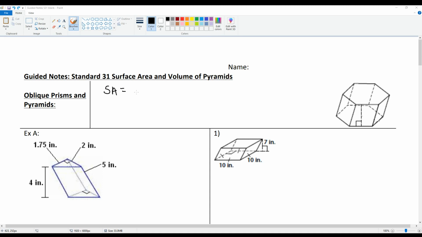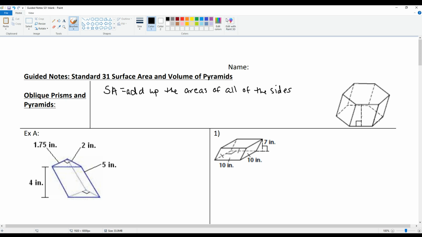So for surface area, that's going to equal add up the areas of all of the sides. If we were to try using the surface area formula that we've had in the past, that formula assumes that the prism is standing up straight, and it's not, so it will give us an incorrect surface area.